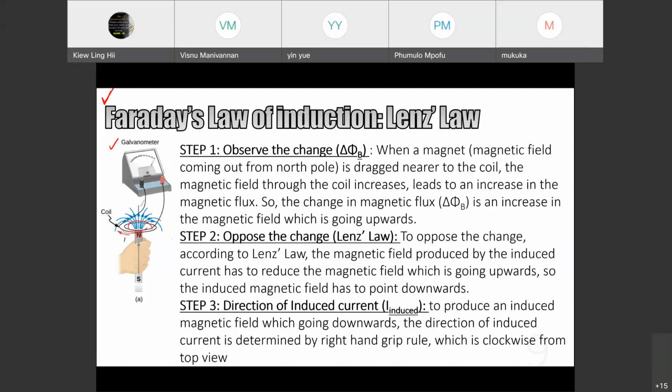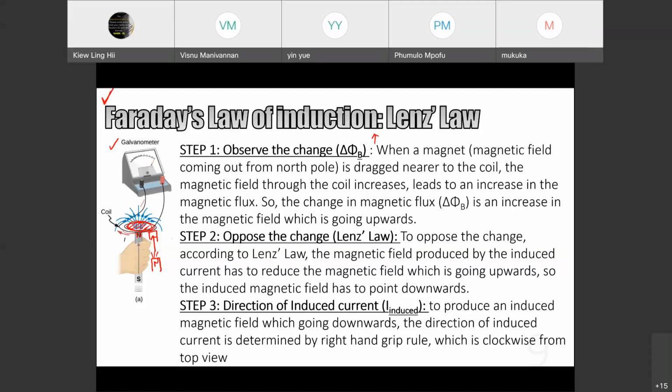So when you drag the magnet from this position to this position, what happens to the magnetic flux inside here? This is the magnetic flux that you would like to study. The change in the flux here is an increase of the magnetic flux, right? At first it is so far away, and finally it is so near.